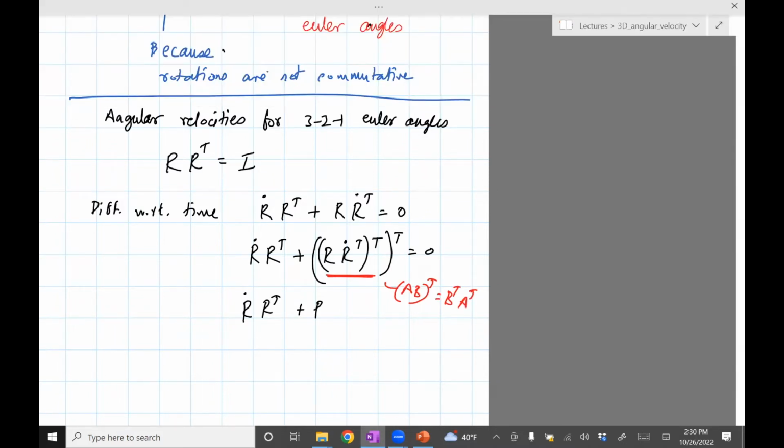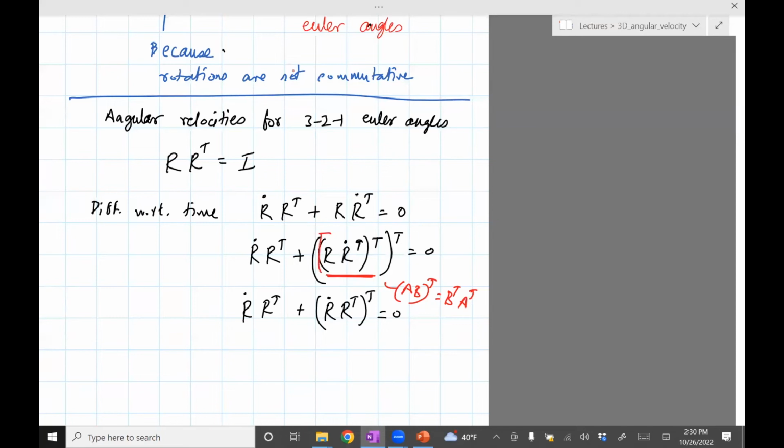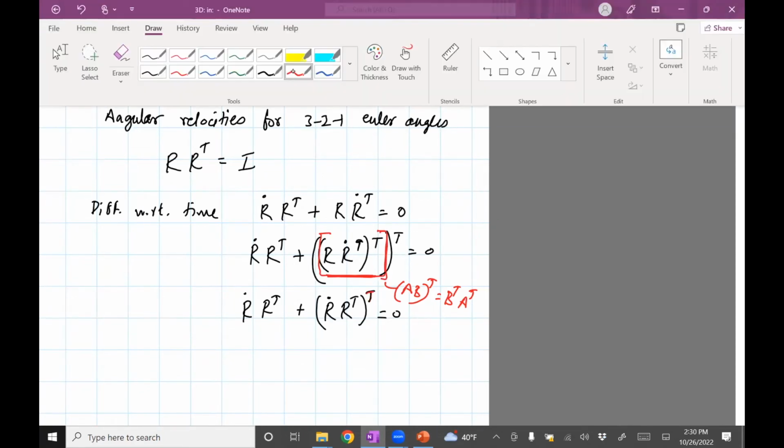So I can write this as R dot R transpose plus the transpose of R dot R transpose equals 0. Note that I've taken care of this part only; I've kept this transpose as is.